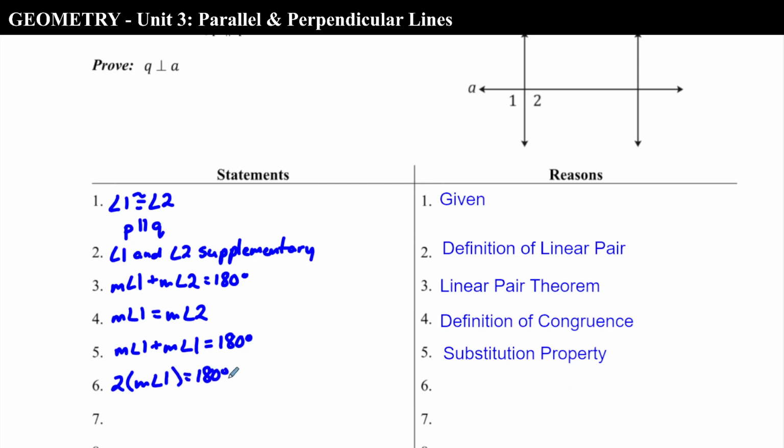And again, anytime we combine like terms in geometry, we call it the substitution property again. Now, if we divide each side by 2, we get the measure of angle 1 is equal to 90 degrees. And that came from the division property of equality, excuse me.